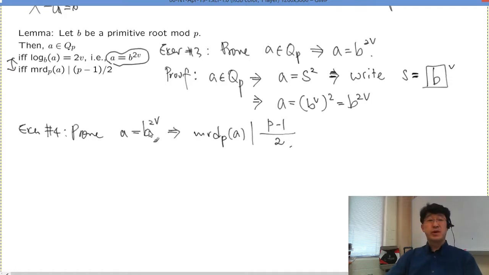Order of a is really the order of b to the 2v, isn't it? Do you remember any formula about computing the order of b to the 2v? There was this formula, right? If you have b to the L in general, what is the formula? Anybody remember?